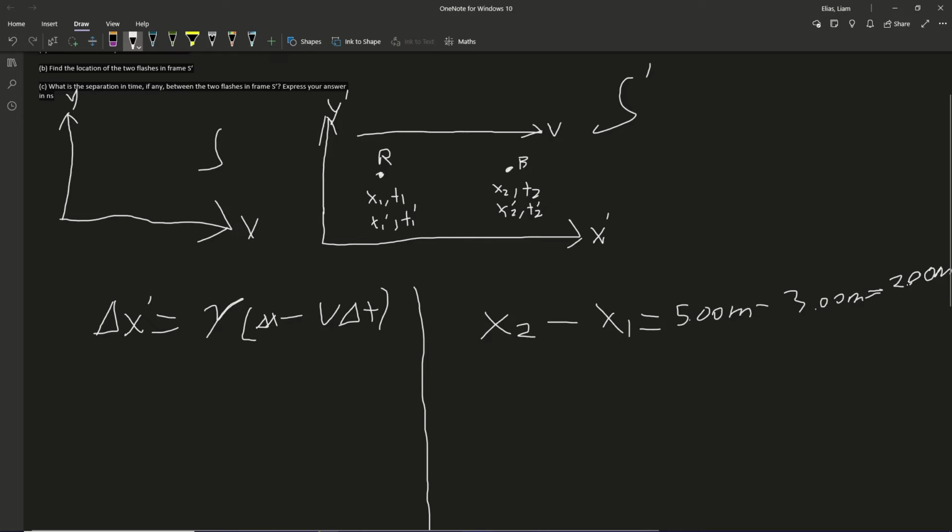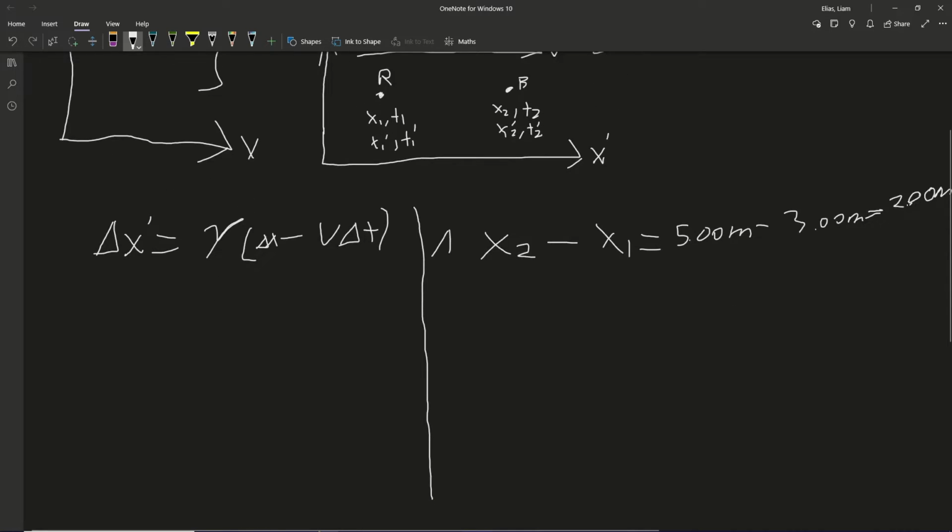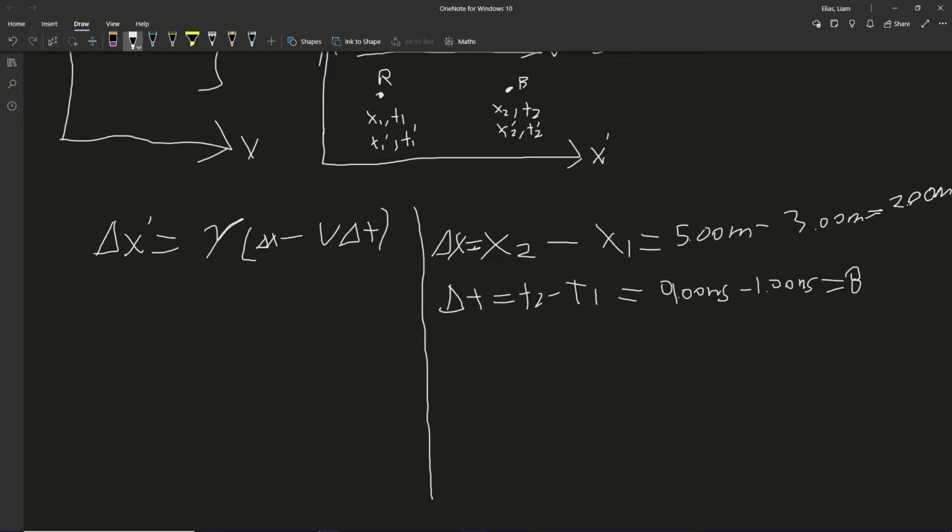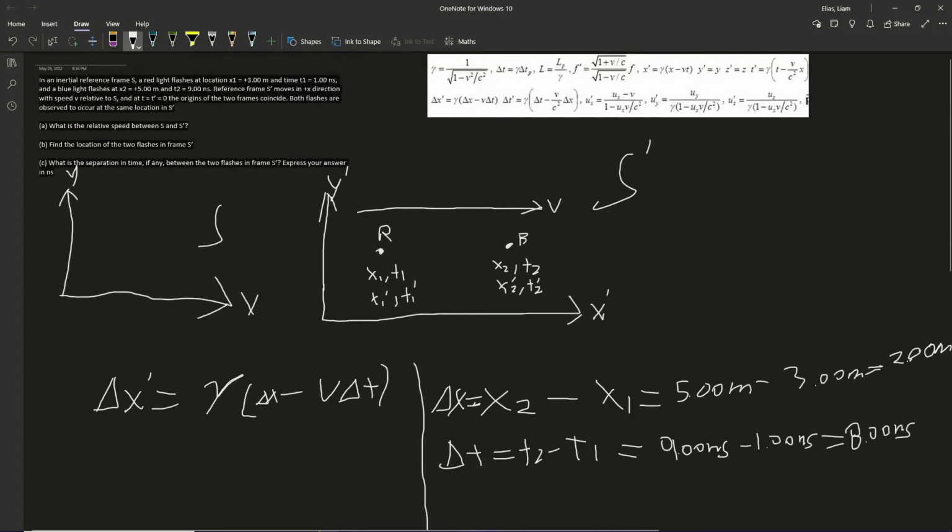We also want to find delta t, and this is the exact same idea. Delta t is equal to t2 minus t1, so this is 9.00 nanoseconds minus 1.00 nanoseconds, equal to 8.00 nanoseconds.